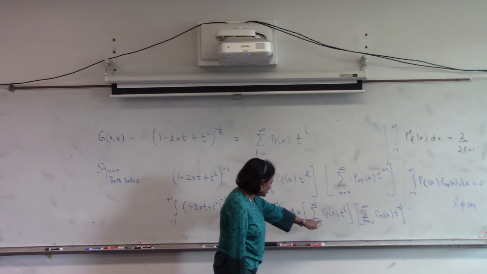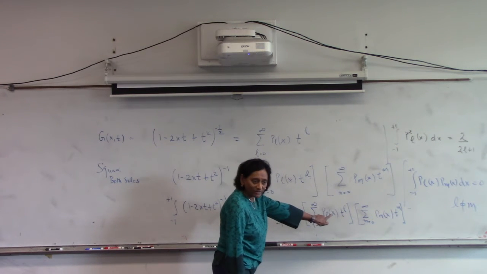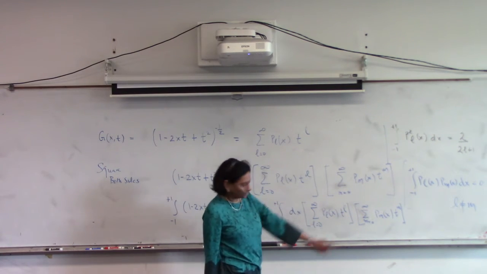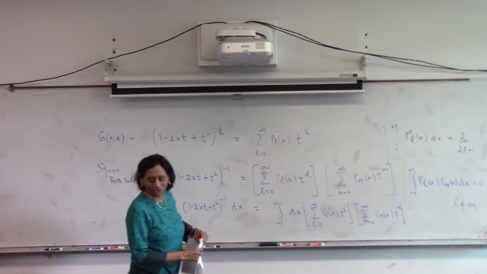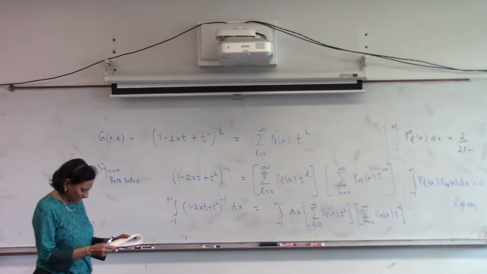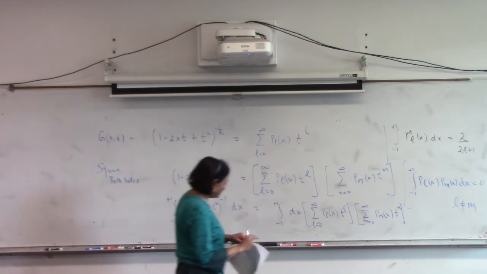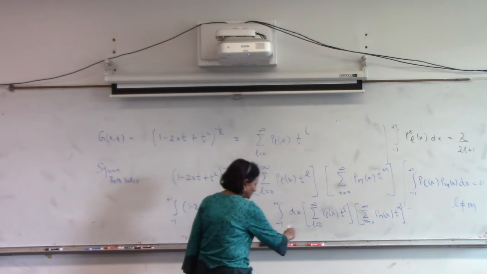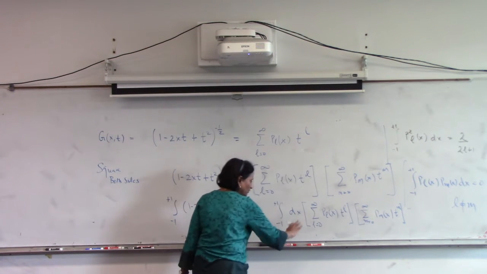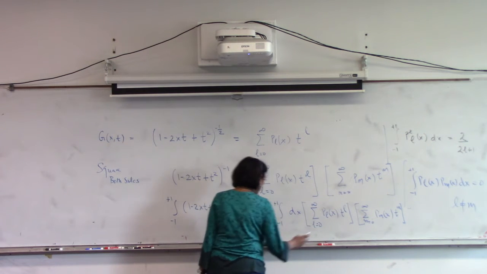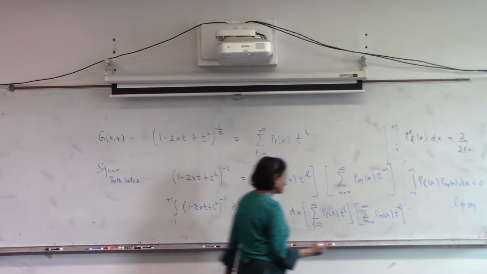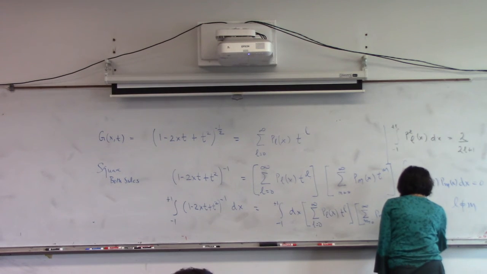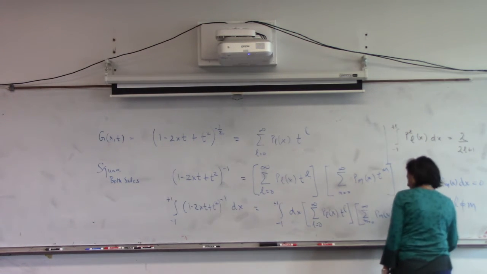So what it means is, in this summation, the only thing that survives is when L equals N. That's how you exploit the orthonormal property, okay? So L equal to N. All of the summation, the only term which is going to survive is the L equal to N term. So I can write this whole expression as nothing but the integral from -1 to +1 dx, okay?